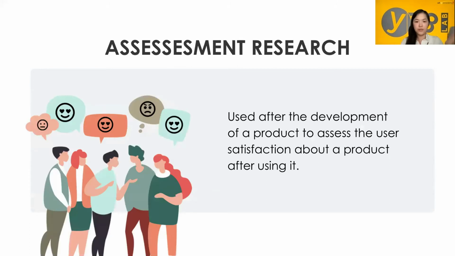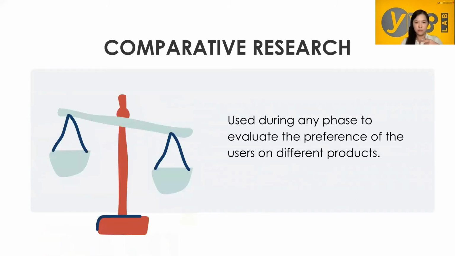Whereas assessment research is usually used after the development of the product, to assess satisfaction and gather the users' responses to your product. And then we have comparative research, which can be used in any phase, either discovery or post-development. It's used to evaluate the preference of the users on different products and different features.